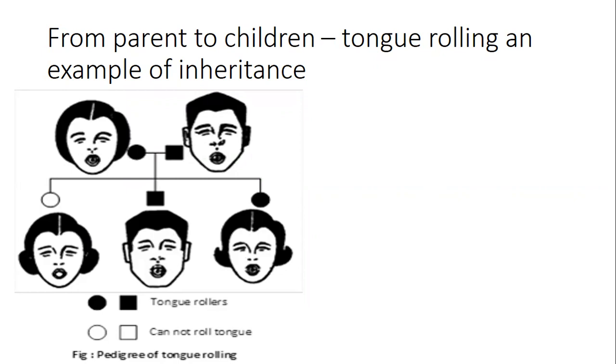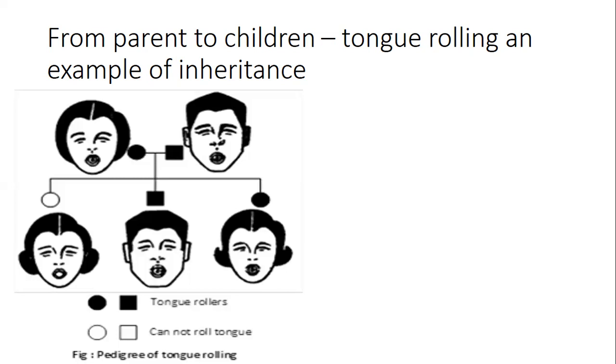These characters must have been passed on. This non-rolling character must have come from the mother and father only, it is the product of their genes, so it must have come from father or mother. Although father and mother are both tongue rollers, we still get one child, the daughter, who cannot roll her tongue.